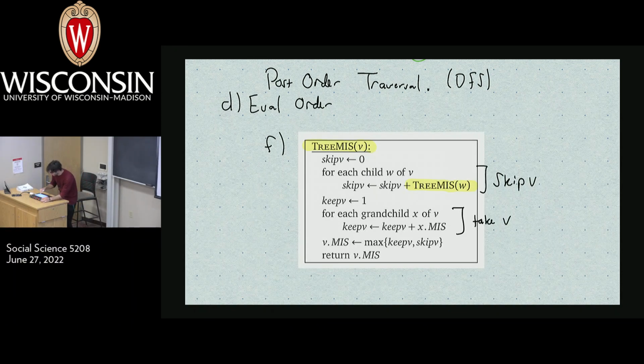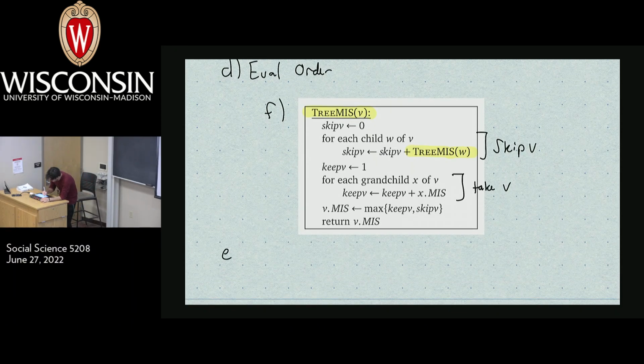Now, what's the running time? So the space is O of n, because we added one thing per node. Now, what's the running time? Now, you could try to come up with a recurrence based on how V calls the algorithm on all the children, but don't do that because it gets really complicated.